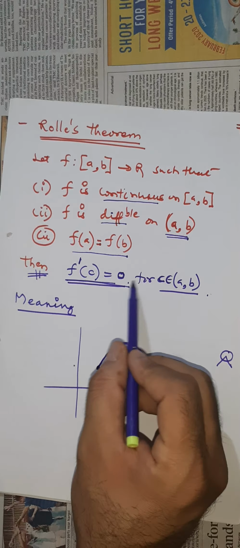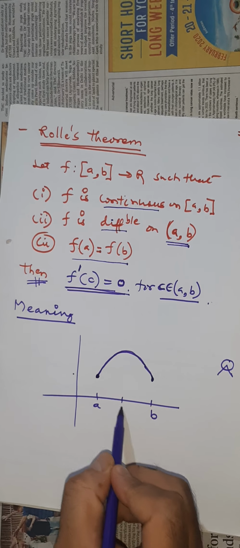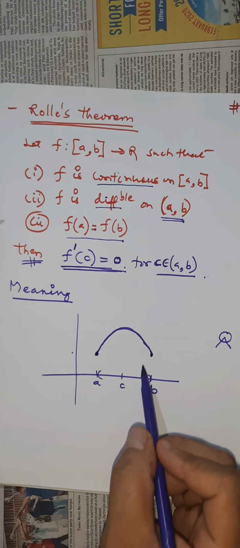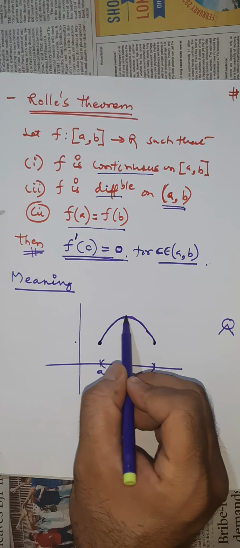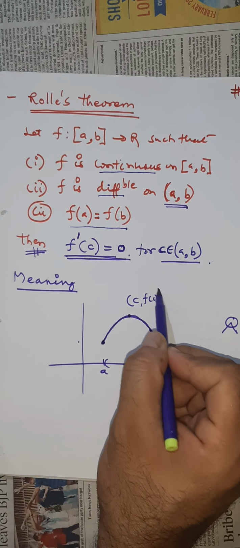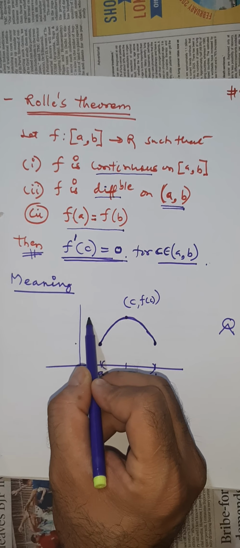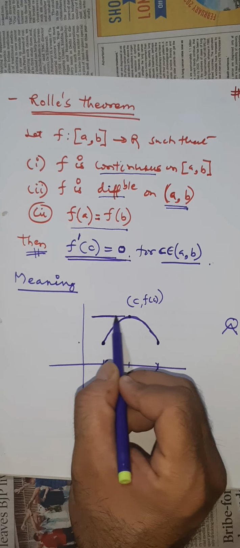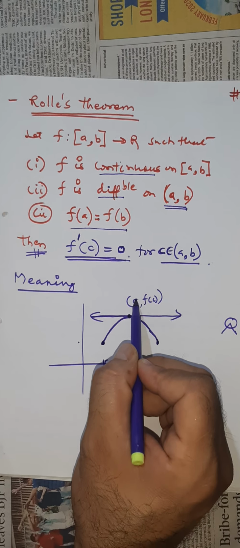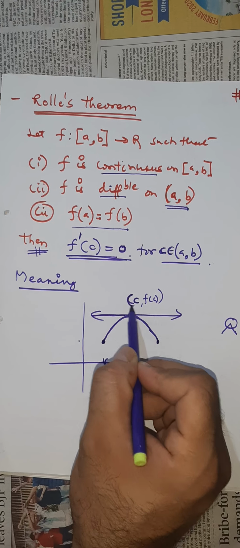Now you can find one c. So this is one c anywhere from this open interval a b such that if you have this point on the curve, c comma f of c, then you can draw a tangent here at this place. This is the tangent at c comma f of c.